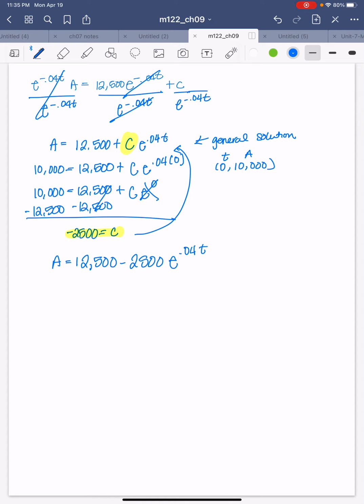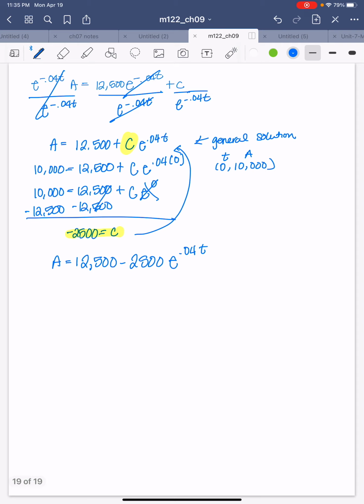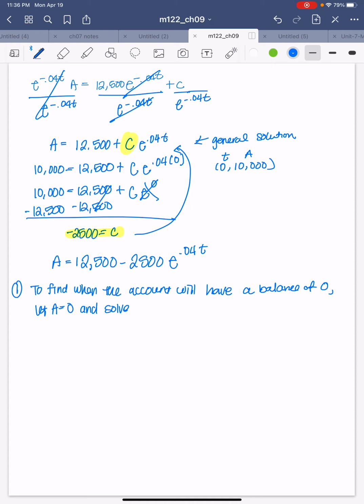Okay, to find when the account will have a balance of 0, that's the first question. That means my A is 0. We are solving for t. So let's write a sentence: to find when the account will have a balance of 0, let A equal 0 and solve the resulting equation.